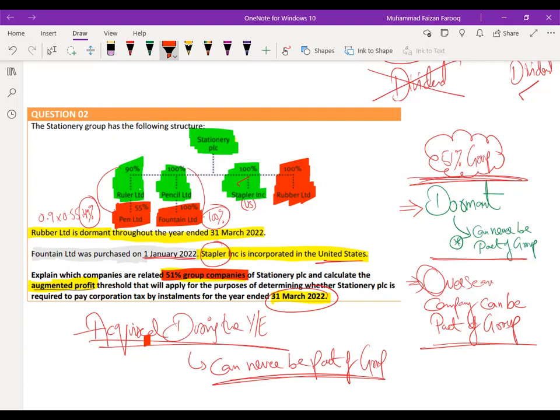They will be group members from the second year of their acquisition. That's it for the 51% group theory. Any questions, please? No question.